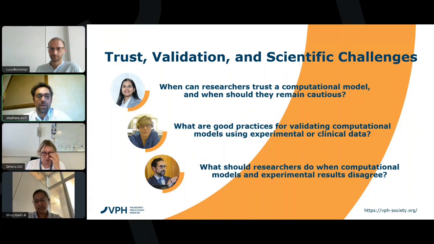But at the same time, it can be super precise in terms of detecting which patient is going to have a complication and which patient is not going to have a complication. And so a computational model disagreement should not be interpreted as a failure if it's not directly related to the clinical decision.